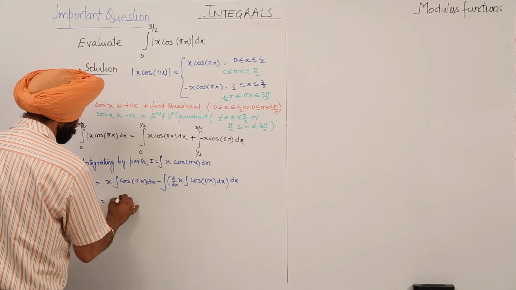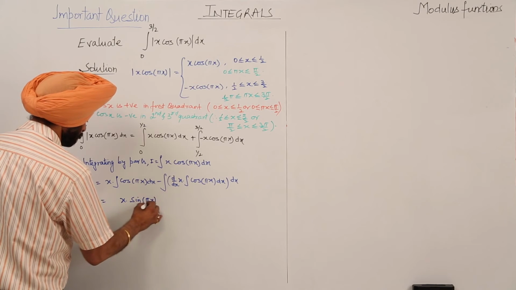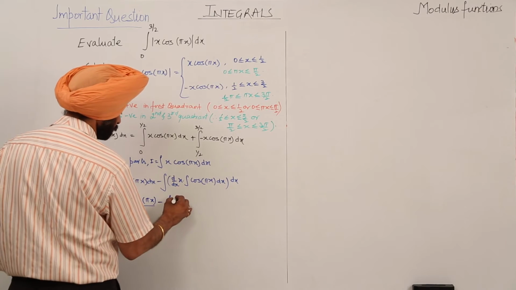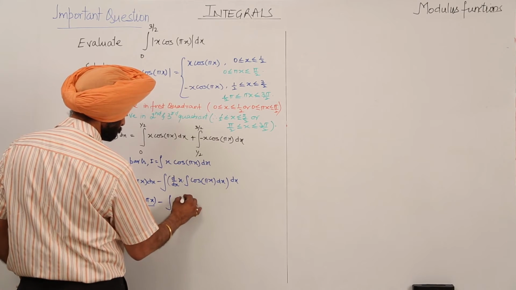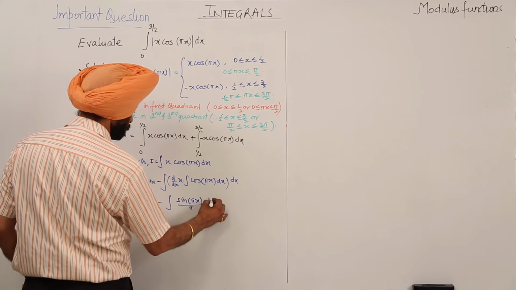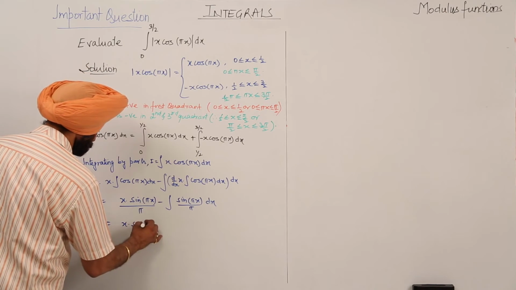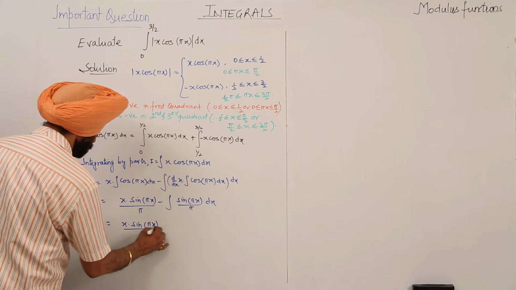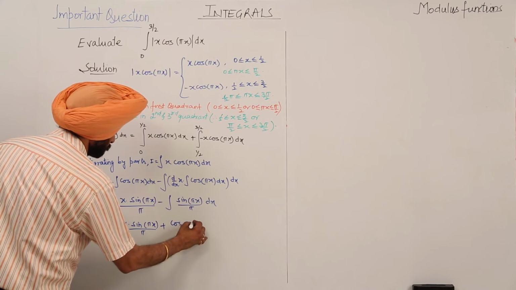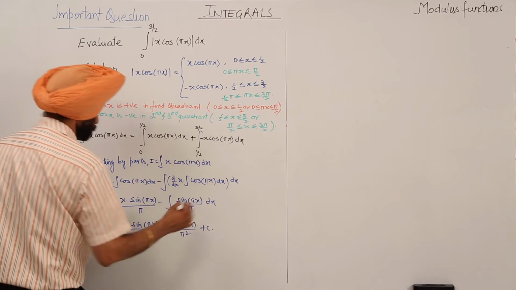So we are having now x sin pi x upon pi minus the integration of sin pi x upon pi dx, and this becomes x sin pi x upon pi plus cos pi x upon pi square plus c.